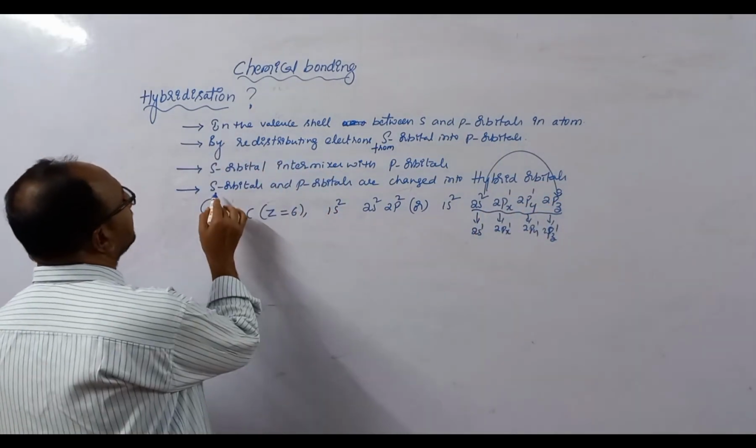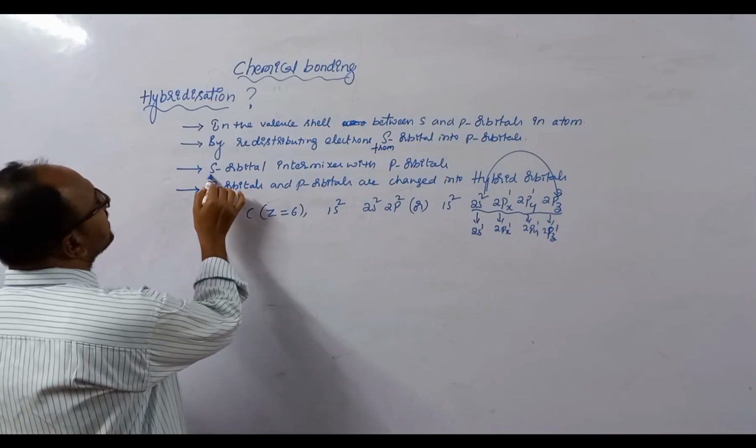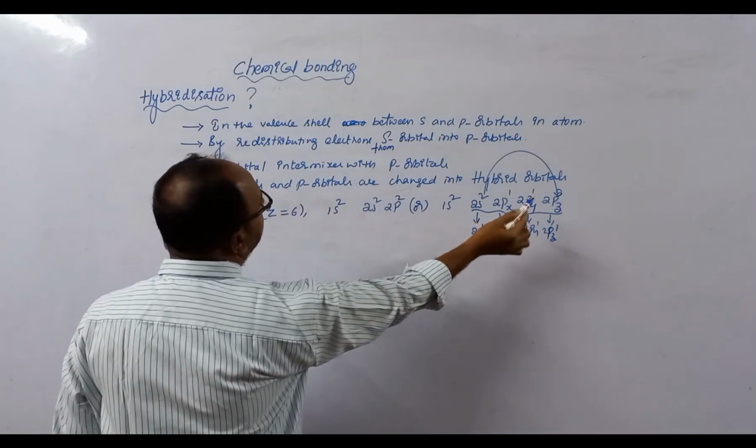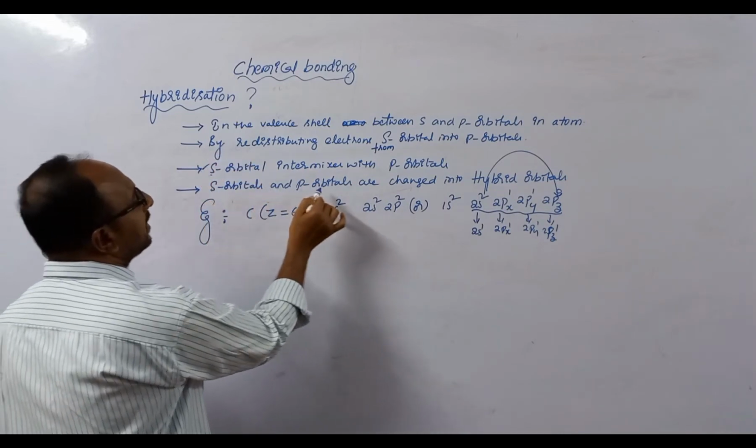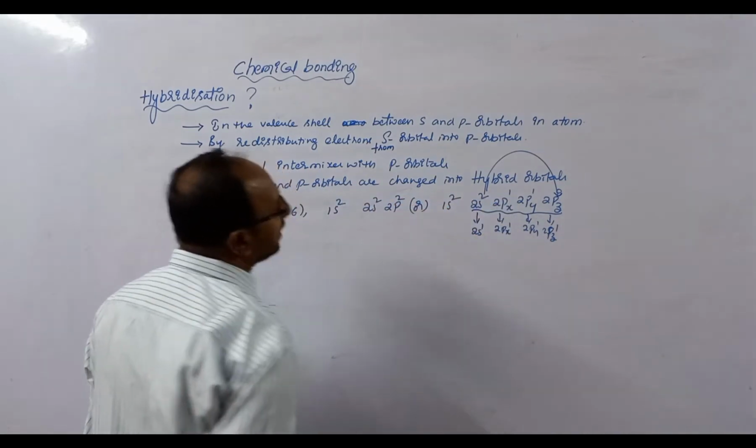So here it is written, students. S orbital intermixes with px, py, pz. Next, s orbital and p orbitals are changed into hybrid orbitals.